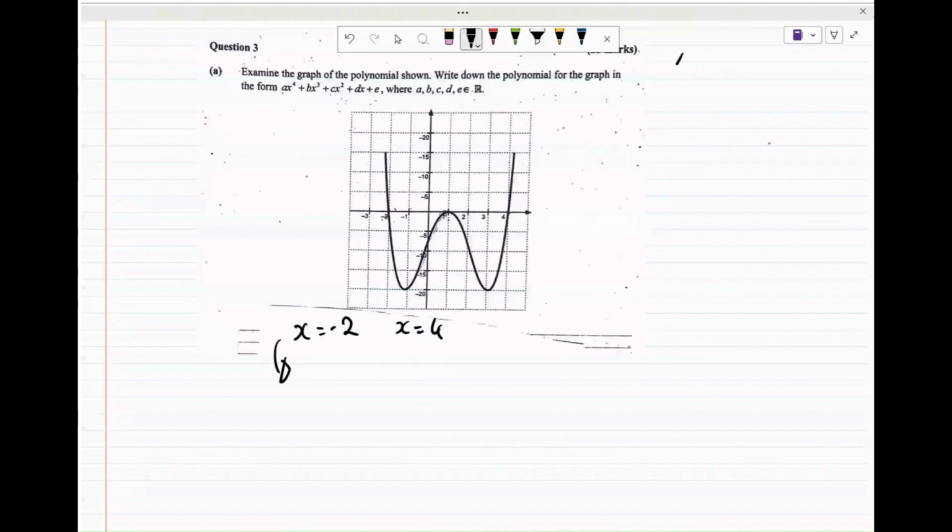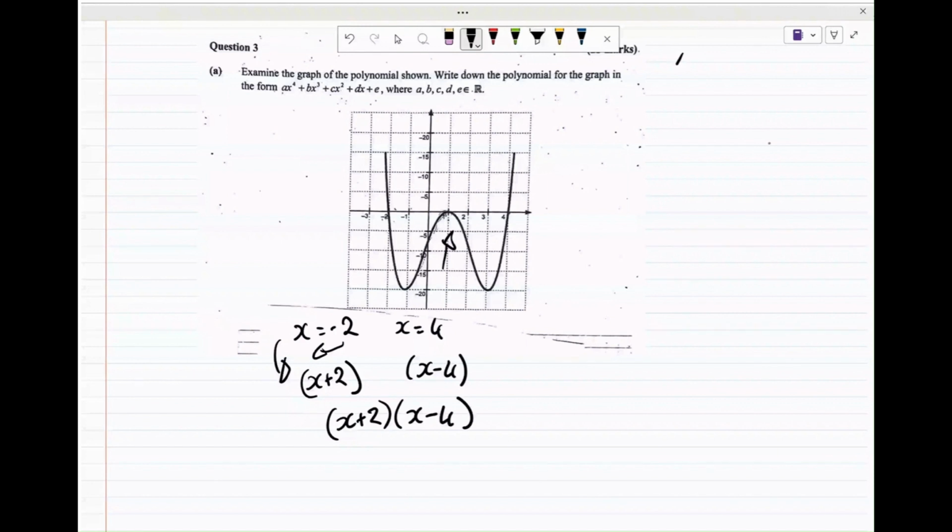And we can turn them into factors like we saw before. If we just bring that 2 across, x plus 2 is a factor, and x minus 4 is a factor. Now I've left out this one here on purpose because we'll get to that in a minute, but we know these two multiplied by some third factor will give us something that looks like that.